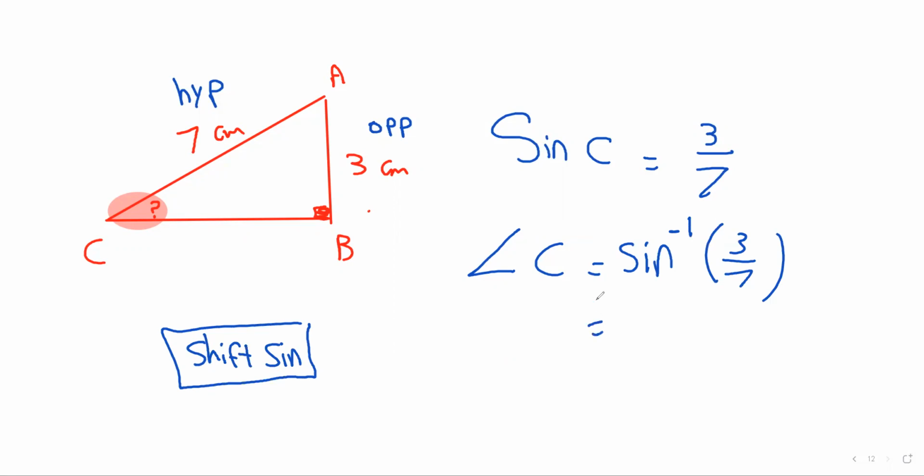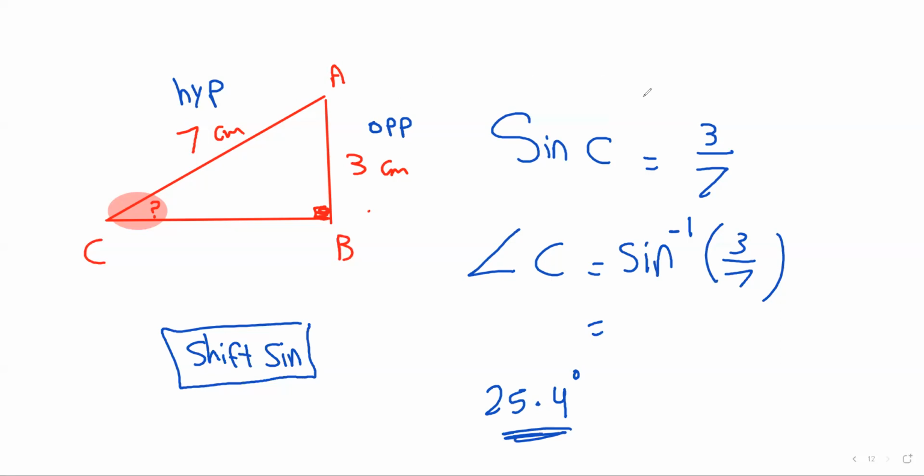Write 3 over 7 here. You will get an angle to the nearest 3 significant figures, 25.4 degrees.